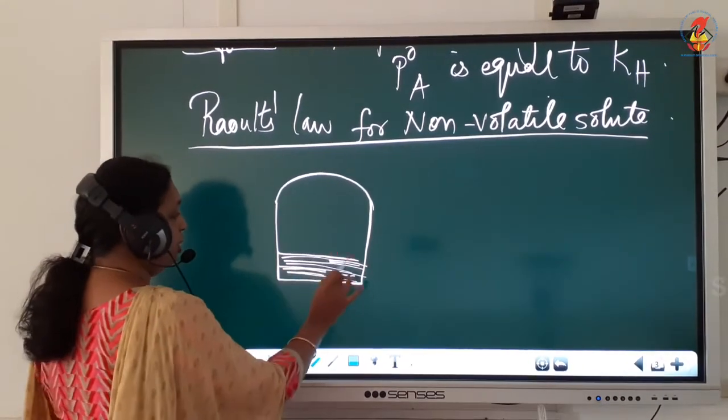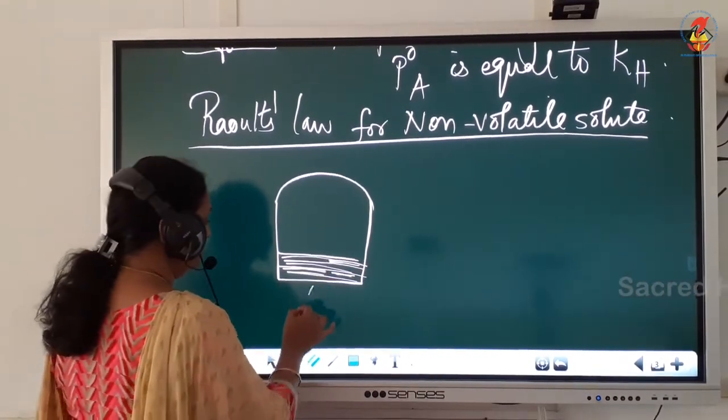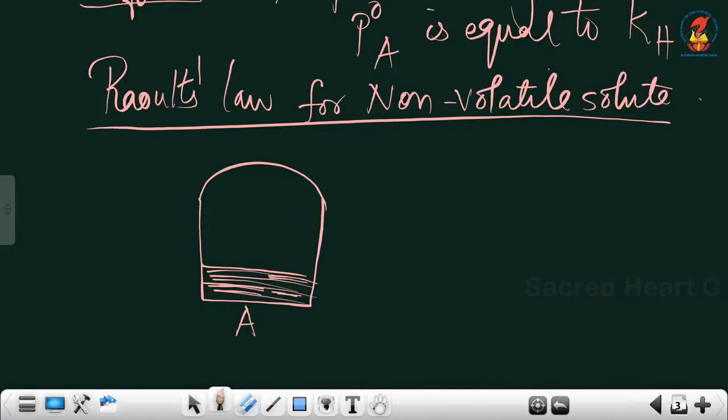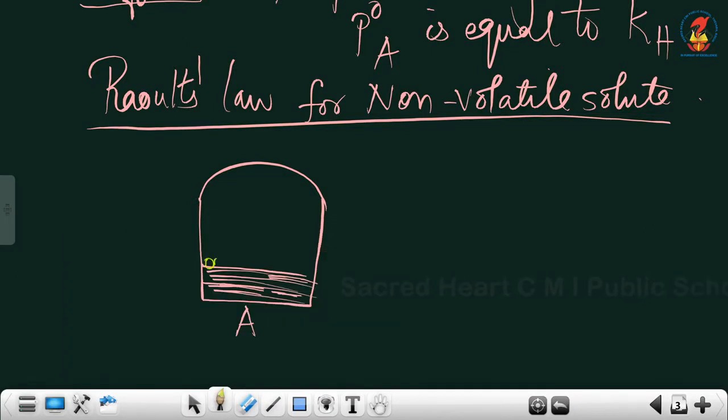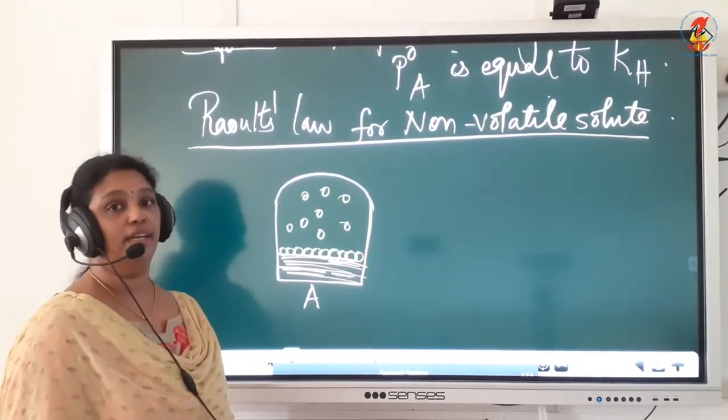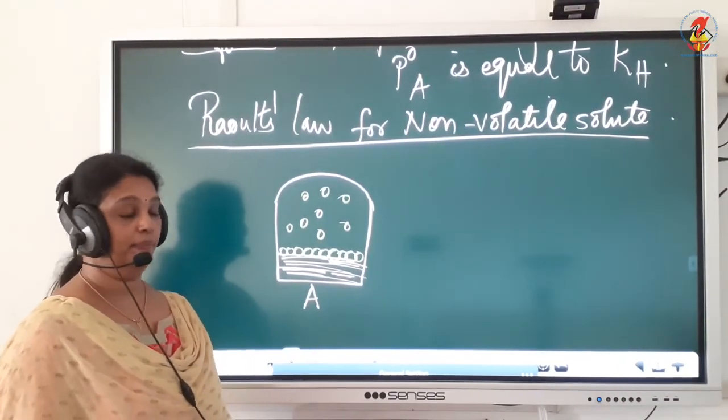This is only solvent taken, that is A. Now you know that the surface will be occupied by solvent molecules. Now the solvent molecules will escape into vapor state and we get the vapor pressure exerted by solvent denoted by PA.